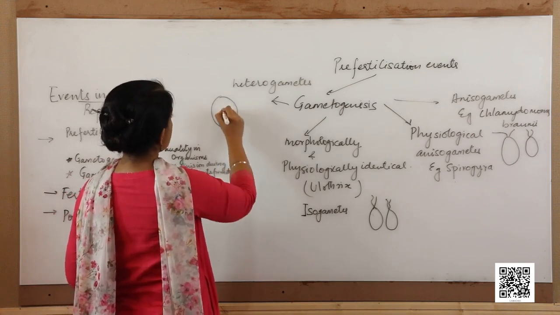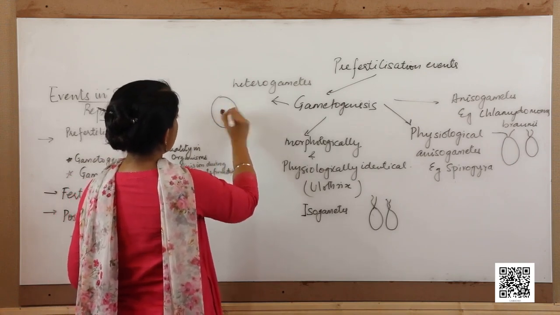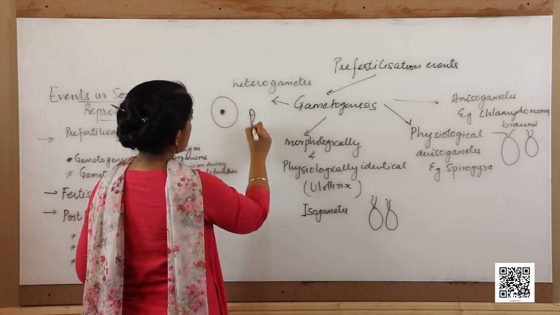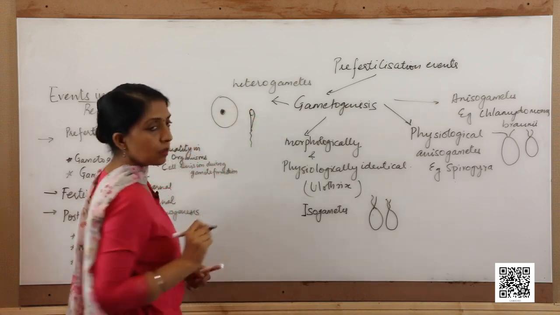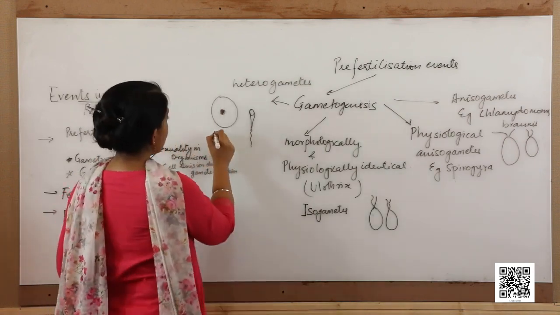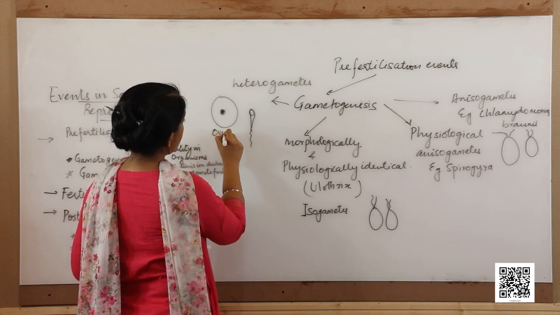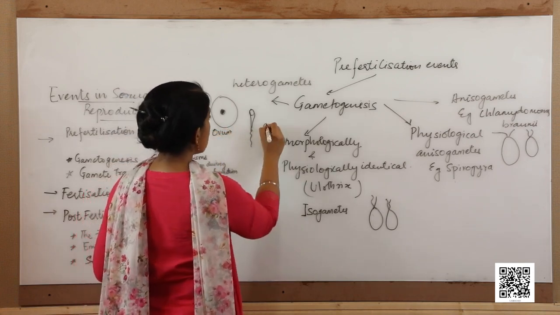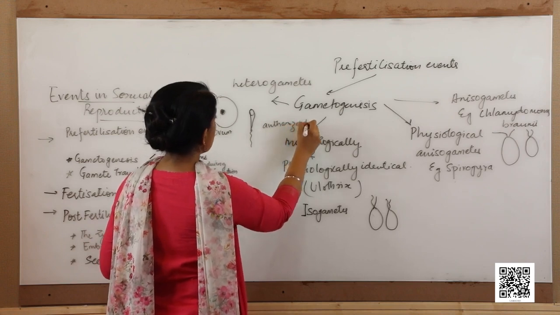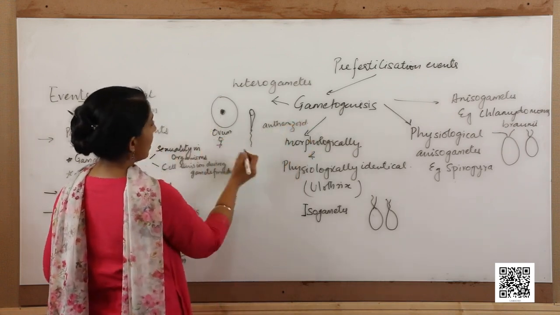There is a large egg cell or the ovum and a smaller male gamete or the antherozoid. The female gamete is called the ovum and the male gamete is called the antherozoid. So, this is the female and this is the male.